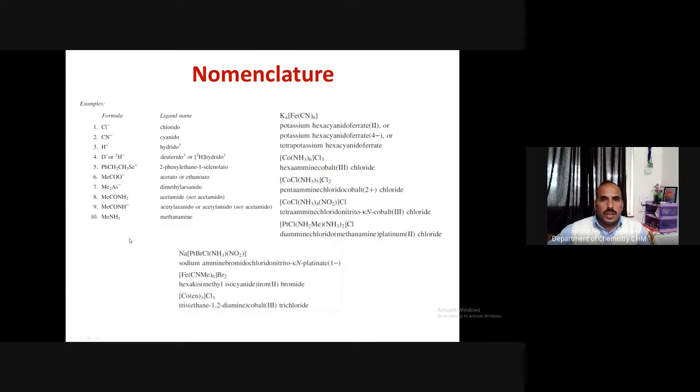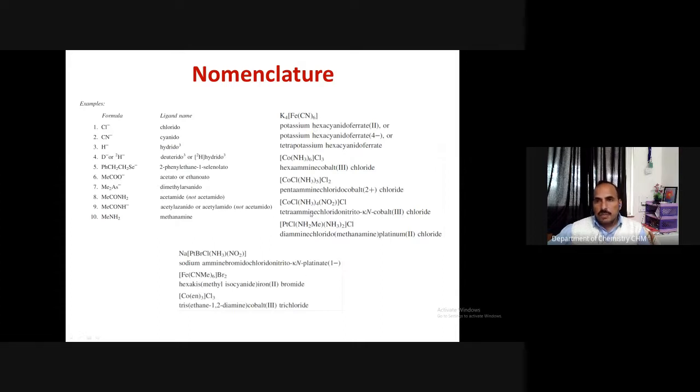Anyway, nowadays Cl minus is chlorido, not chloro, or CN minus is cyanido, or hydrido for H minus, right? So these are the terminology generally used. You can make yourself familiar with these things. After the Masters, you might have to teach, so it's good to be aware of the latest rules and regulations.